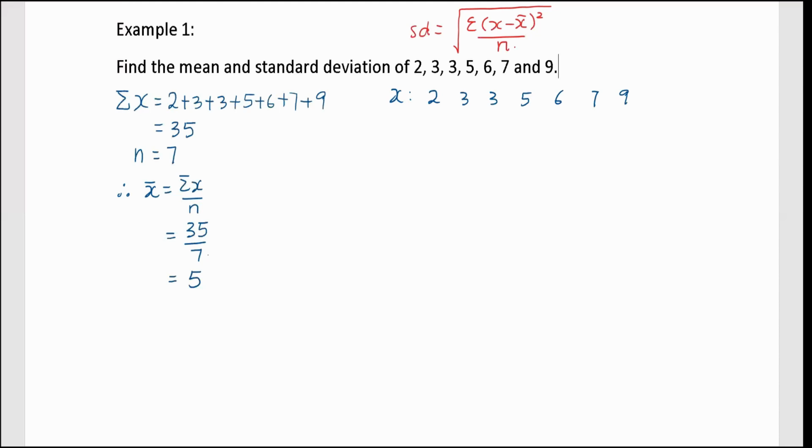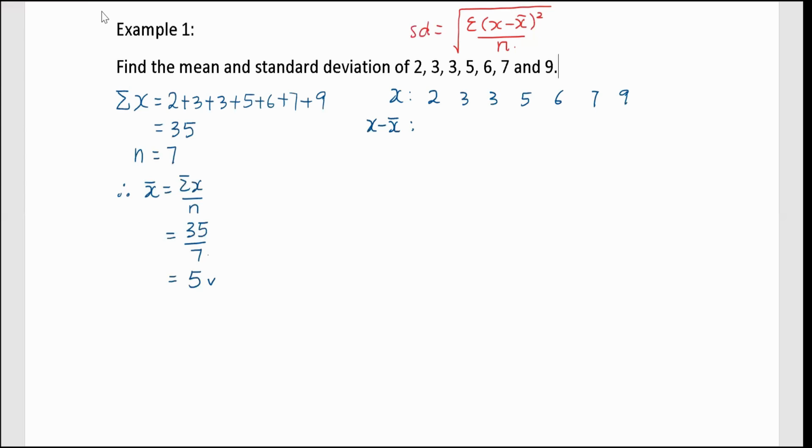In order to use this formula, what do we need to get? We need to find the sum of x minus x bar squared. Let's work it out one by one. What does x minus x bar mean? From the previous working, we found x bar to be 5. So we take every single data minus the 5, the mean.